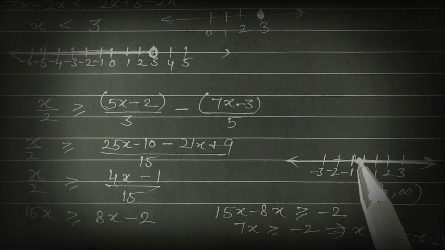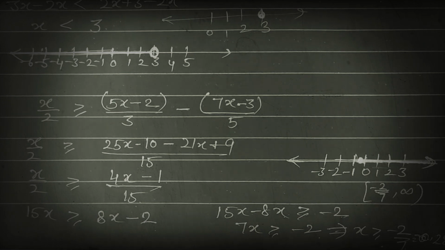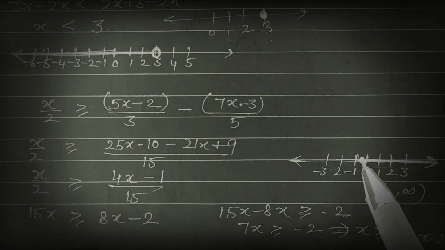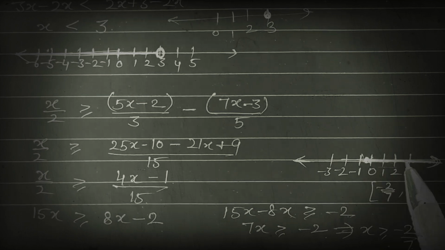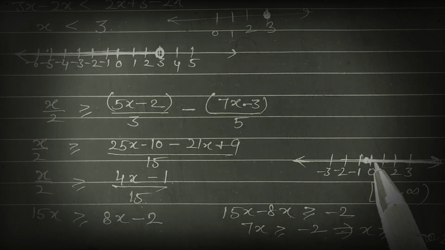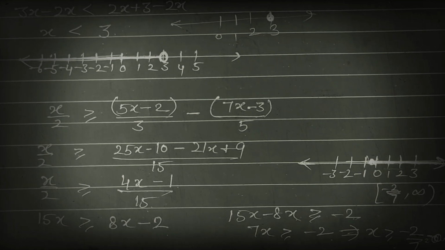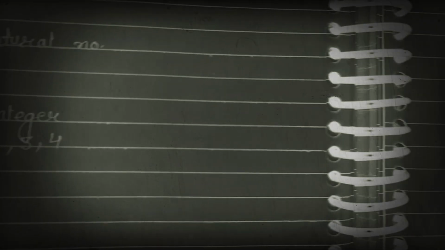We will show it by a dark circle because the x value is minus 0.28 also. So we will show a dark circle, and a dark line for greater than minus 0.28. Is it clear? Now come to the next one.